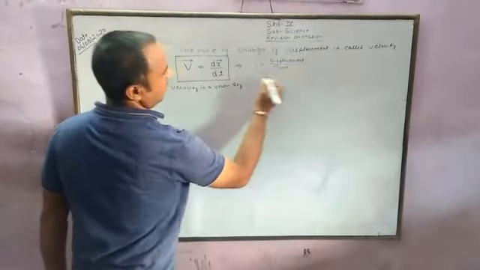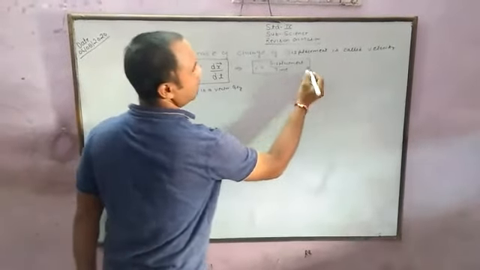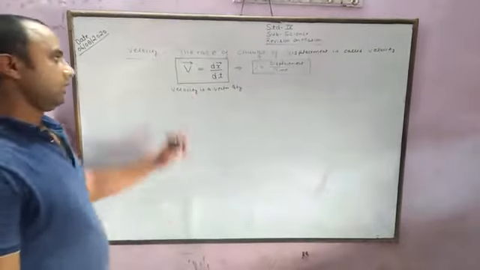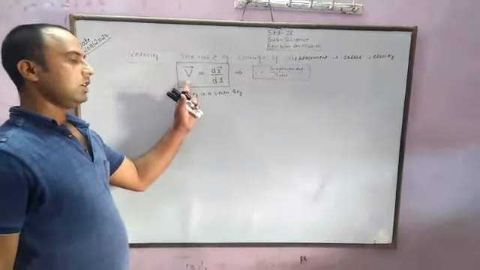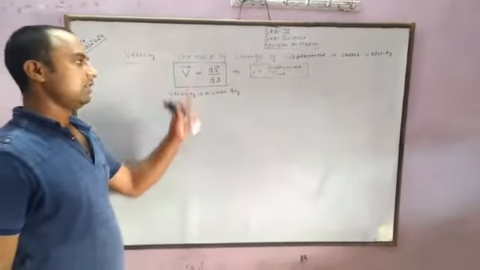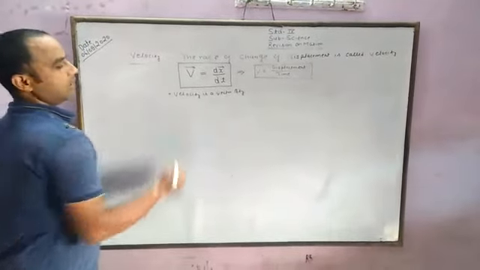This is the basic formula of the velocity, displacement upon time. Velocity is a vector quantity and hence we can write dx over dt. This is the differential form that we are using, and velocity is a vector quantity.